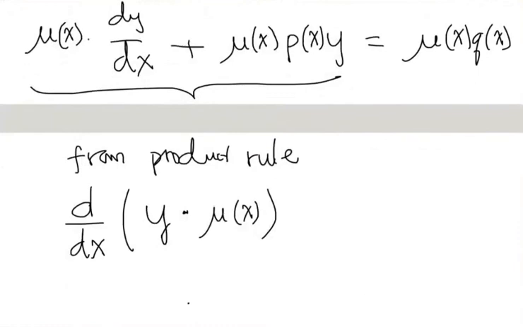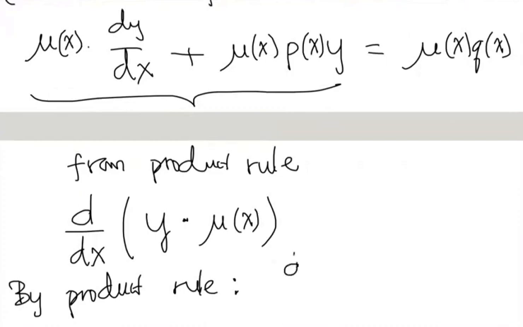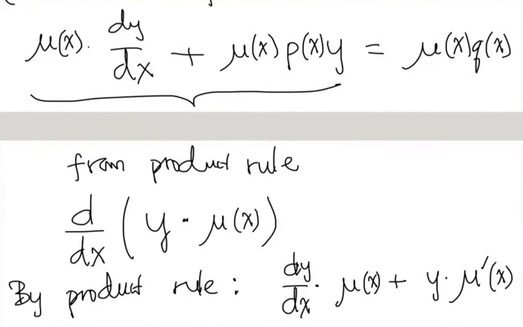So let's see, if we want the derivative of the product, then by the product rule we have the derivative of y, dy/dx times mu of x, plus y times the derivative mu prime of x, and that's from the product rule.